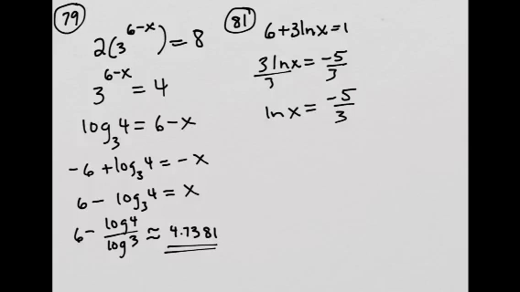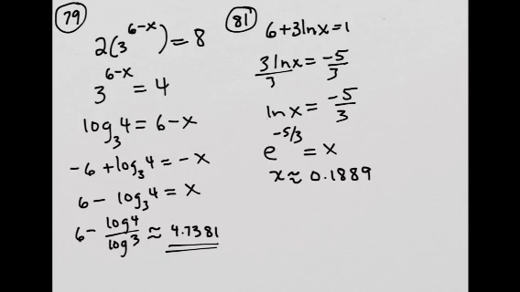Okay, so you change the form at this point, and that would give you e to the negative 5/3 equals x. So that would be the exact value. You plug it into a calculator and you get this.